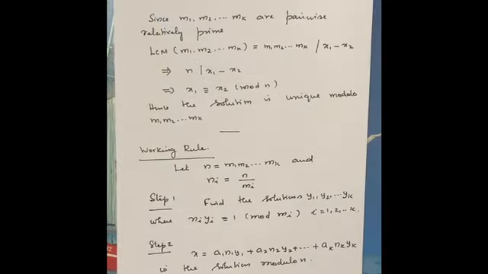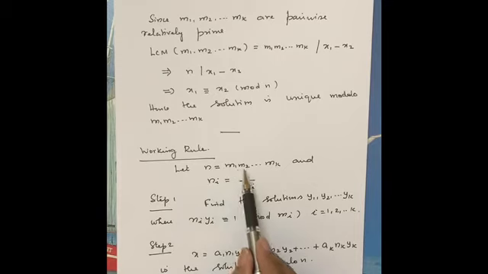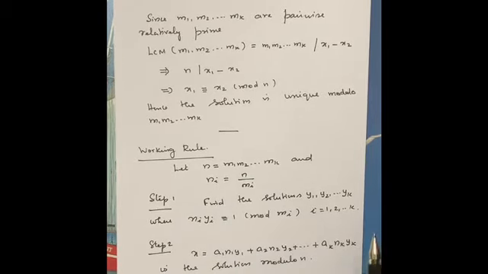We have some linear congruences which satisfy the statement of the Chinese remainder theorem. How are we going to solve those linear congruences? You have to remember: a system of linear congruences is given and it satisfies the Chinese remainder theorem statement. First step, we have to assume n equal to m1, m2, etc. mk and ni equal to n divided by mi.